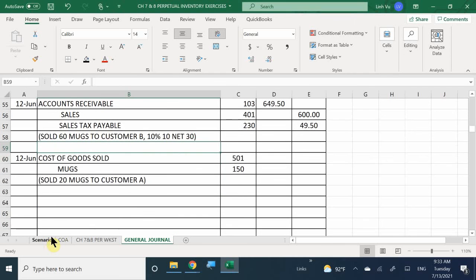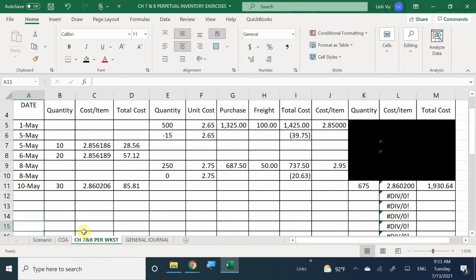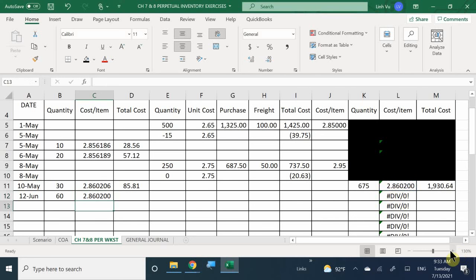But I sold 60 mugs, so I need to place it into my inventory worksheet. I sold 60 mugs at what cost? At $10, that's my selling price. At what cost? Okay, hold on.